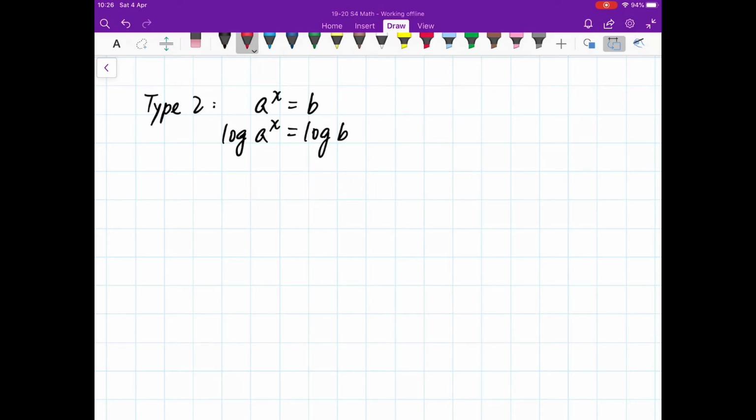Afterwards, using the property of logarithms, we can put the power x in front of the log, and we have x log a equals log b. And finally, x will be equal to log b over log a.